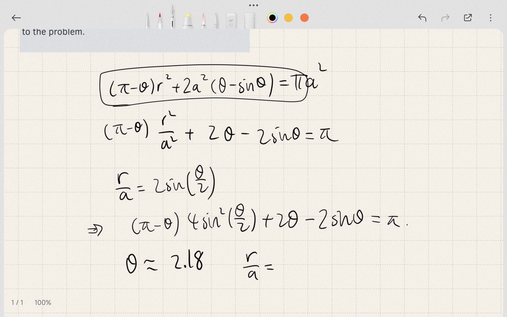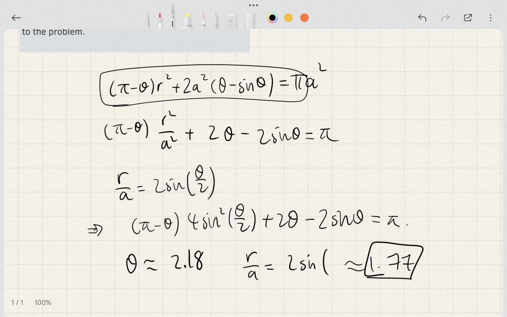R over a is equal to 2 times sine of theta over 2, and that's about 1.77, which does not match with any of the answers we were given.